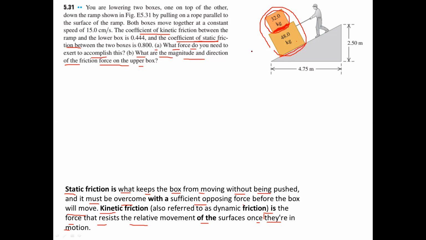Okay, again, we can draw the free body diagram. Before the free body diagram, we can show our axis like this. This will be your horizontal axis, and this will be your vertical axis. And of course, you have a mg like this, right?